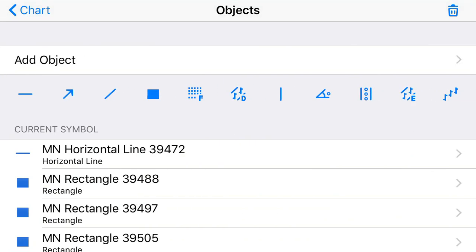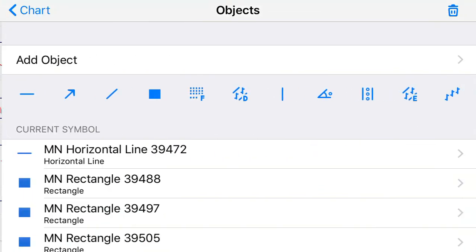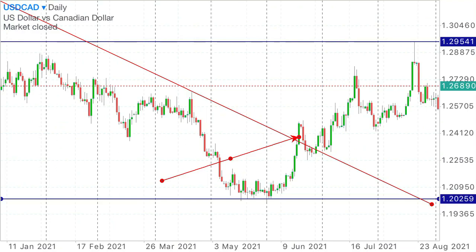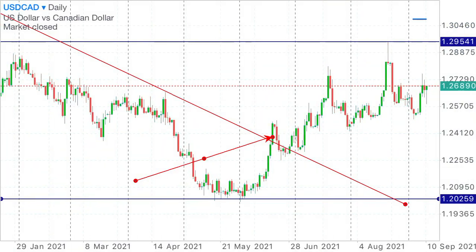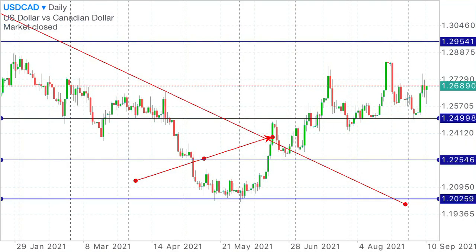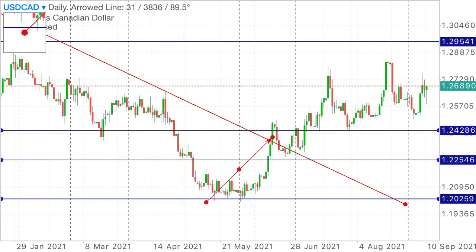Then on a daily you can still add your support and resistance, your obvious support and resistance, right? Even on daily it was still on an uptrend. Why? Because also if you can check here, on a daily, this is the previous swing low, which is 1,24286.